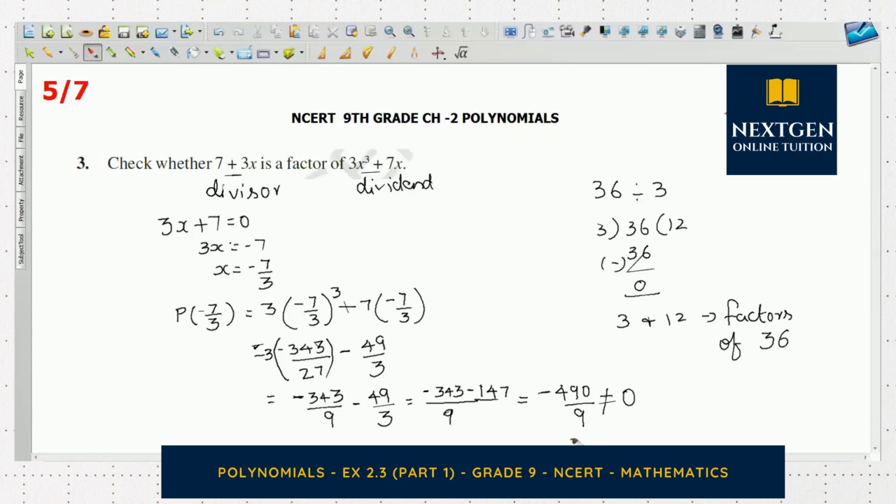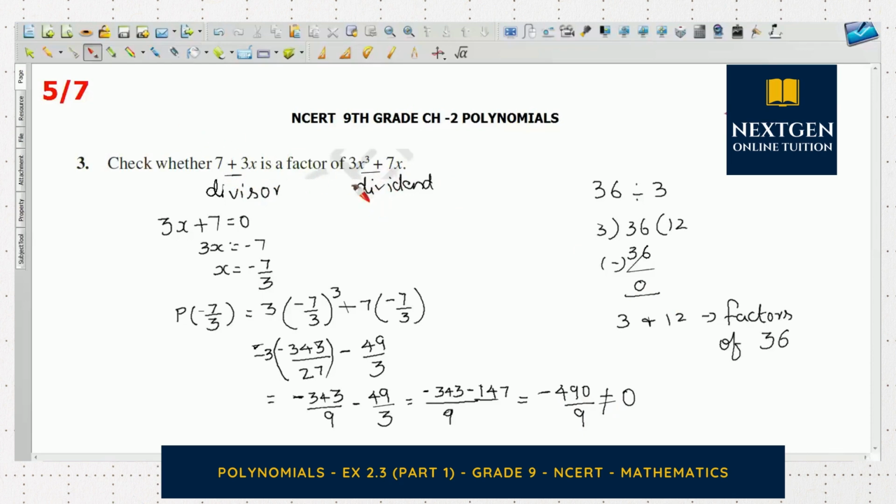Okay. Can you understand this step? I got a remainder value. That is, in this place I have a value minus 490 by 9, which is not equal to 0. So 7 plus 3x is not a factor of 3x cube plus 7x.